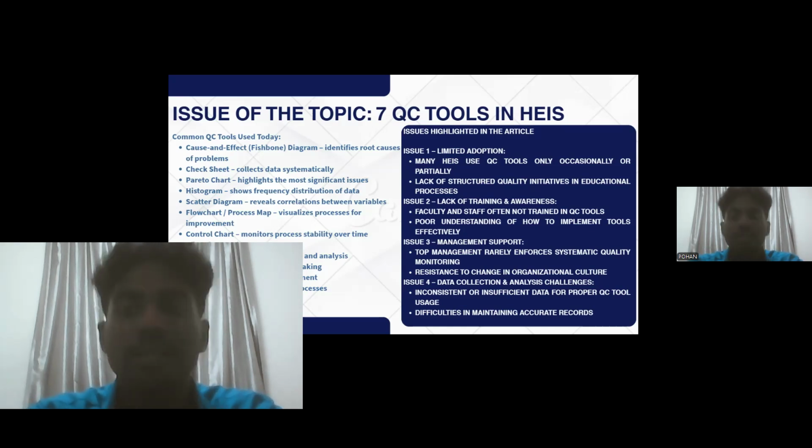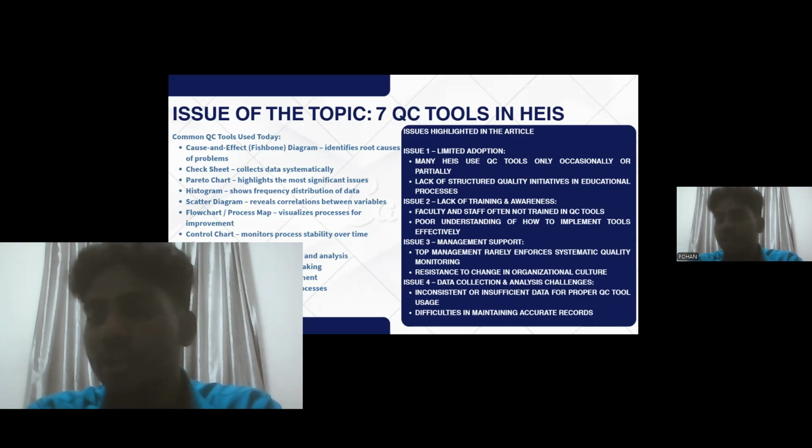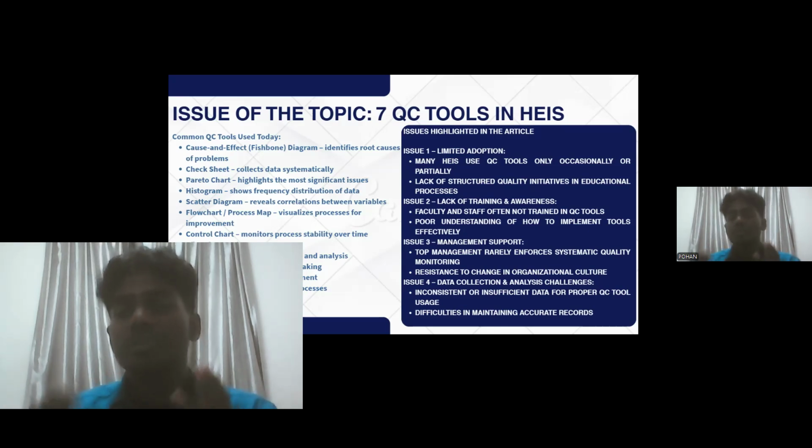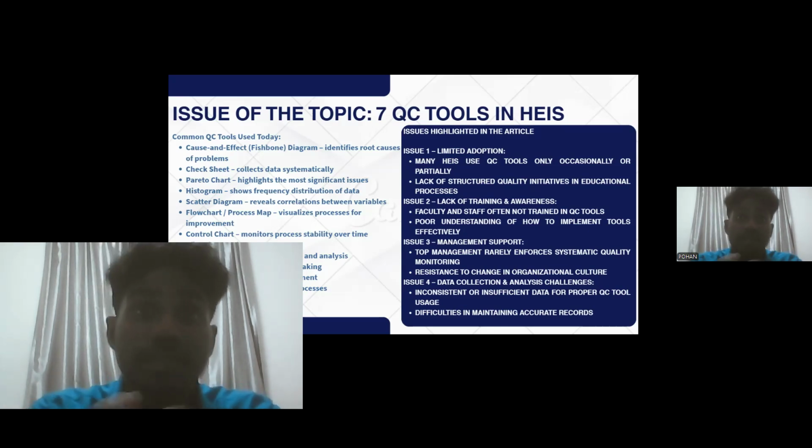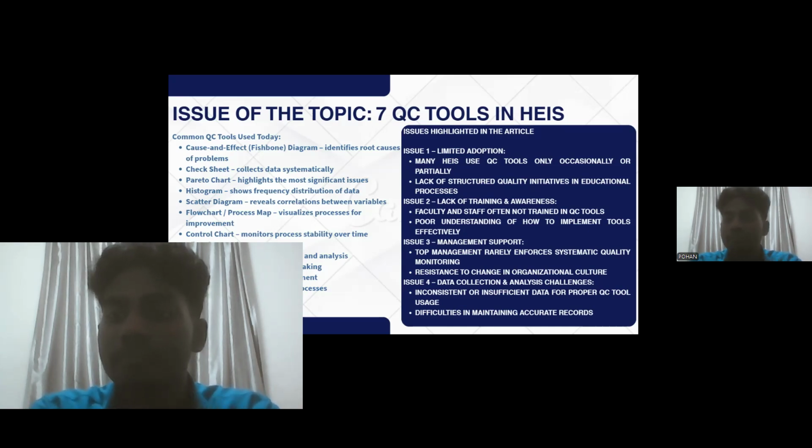Total quality management, or TQM, takes a broader approach to improvement instead of only focusing on the final product. TQM also focuses on improving employee involvement, teamwork, customer satisfaction, and so on.